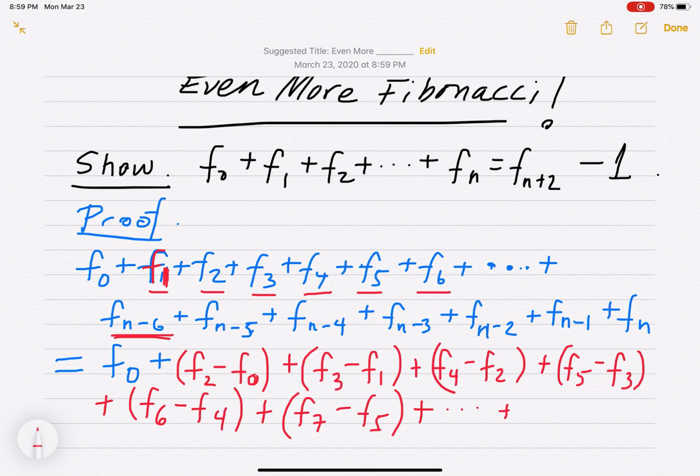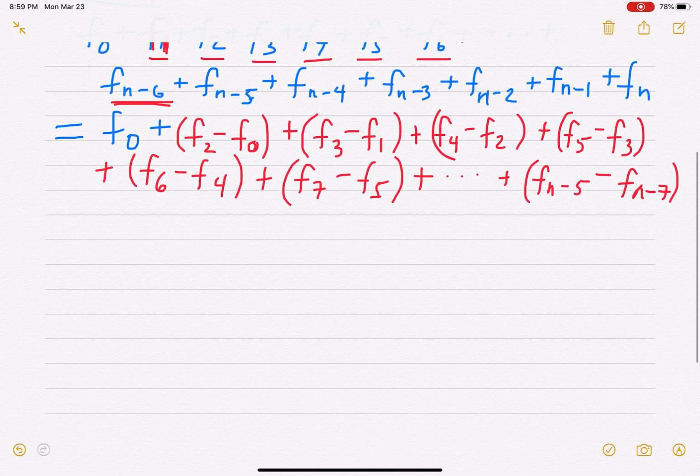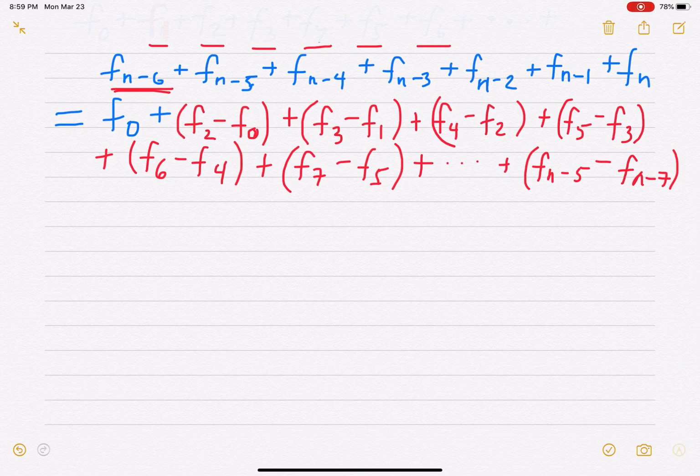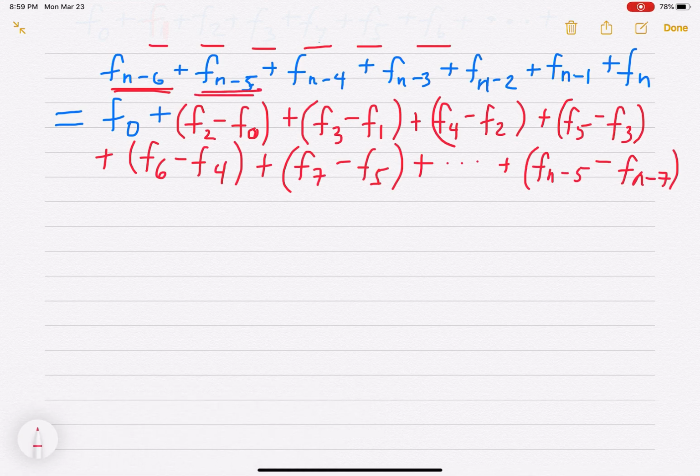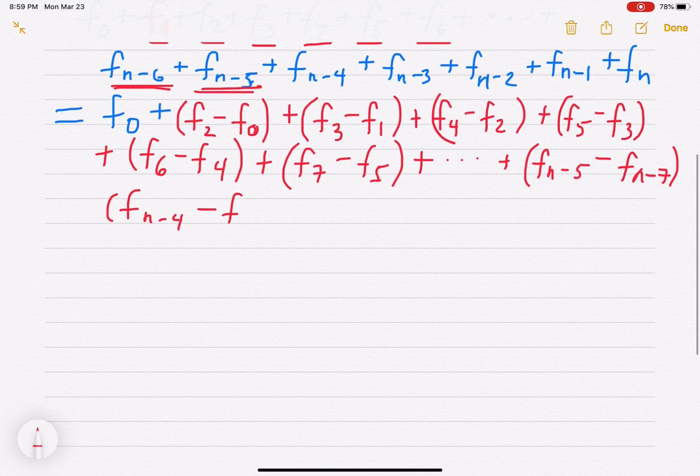Now we're going to fn minus 6. It's going to be the future, fn minus 5, minus the past, fn minus 7. Let's scroll and do fn minus 5. So fn minus 5 is going to be the future, fn minus 4, minus the past, fn minus 6.